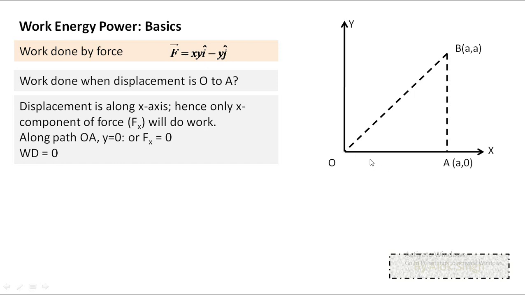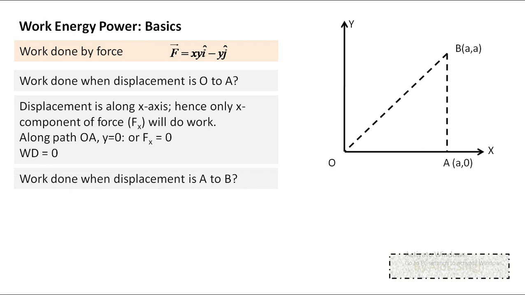As we move along O to A, the x coordinate is changing from 0 to A. But is the y coordinate changing? No. Y coordinate all through the path is 0. Hence y value is throughout 0. It means as we move from O to A, Fx is all through equal to 0. Hence work done also will be equal to 0.